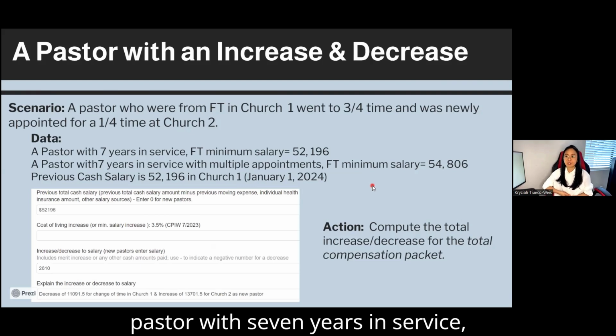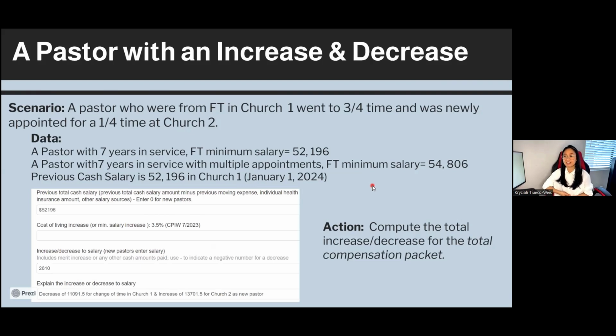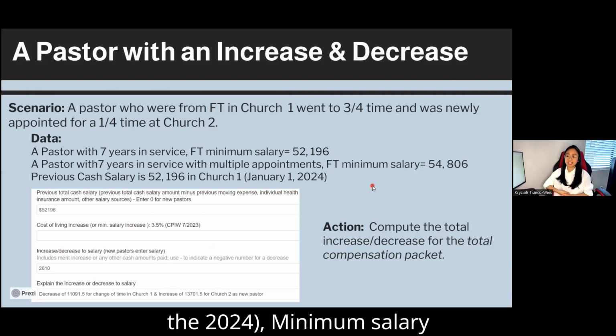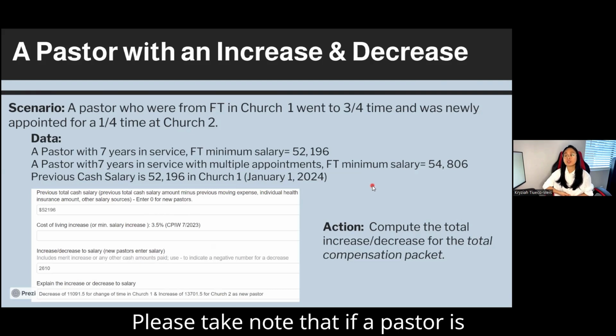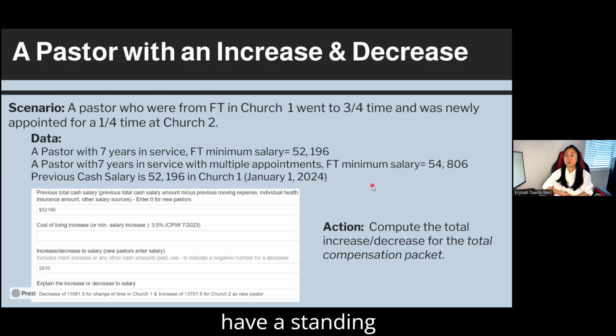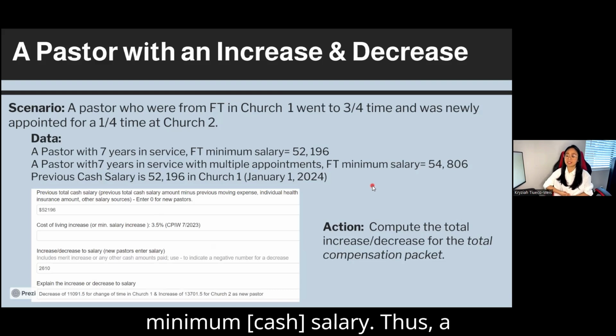A pastor with 7 years in service, full-time minimum salary, based on the 2024 minimum salary or compensation, is 52,196. Please take note that if a pastor is appointed to multiple appointments, we have a standing rule that we add 5% to the minimum salary.